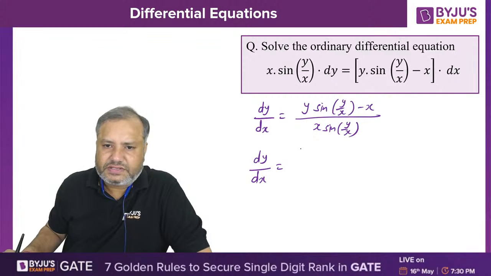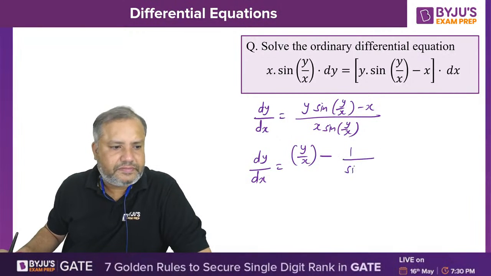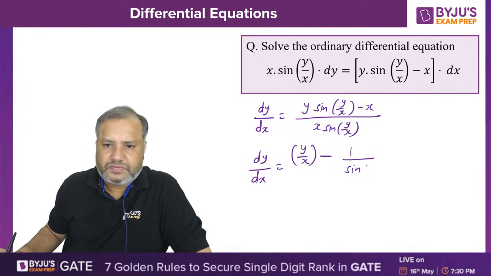So y upon x, sine cancelled, minus x cancelled, 1 upon sin(y/x).